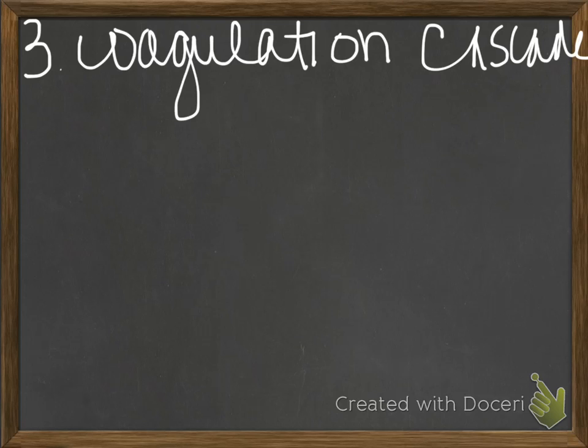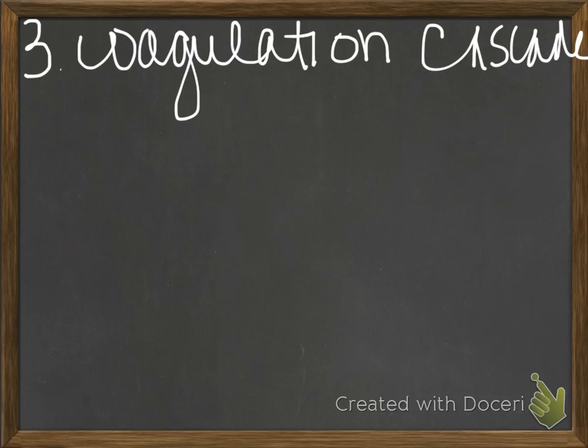Okay, so our coagulation cascade is the stepwise process, and basically, again, we're turning fibrinogen into fibrin strands, and we can have this activated by intrinsic and extrinsic pathways. And now all of these steps have to occur in the same order for this to happen.